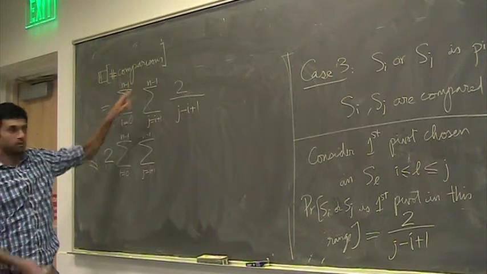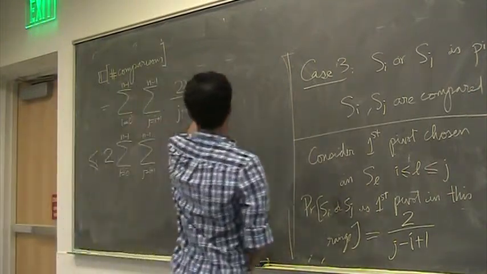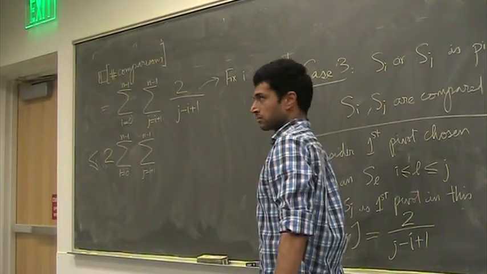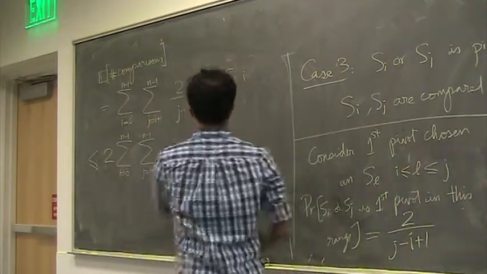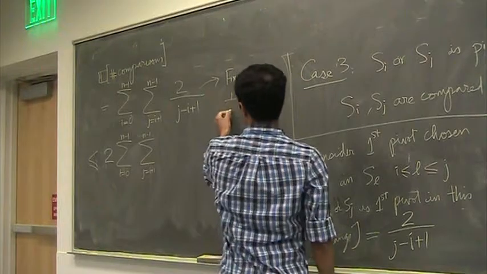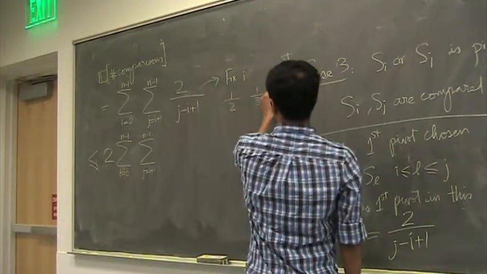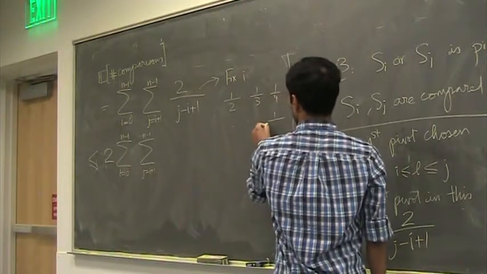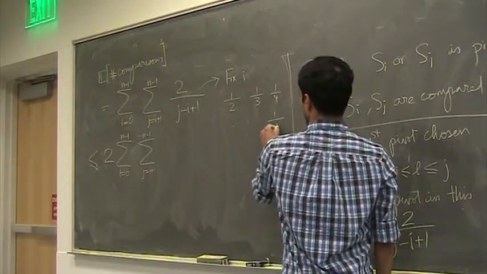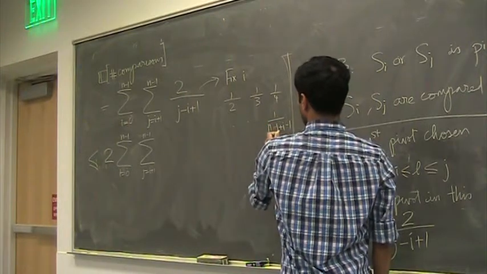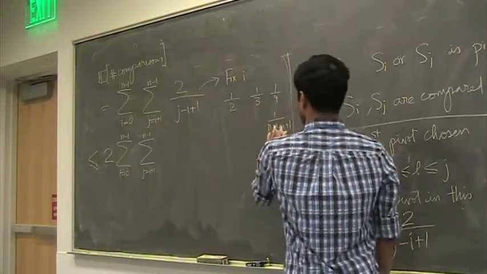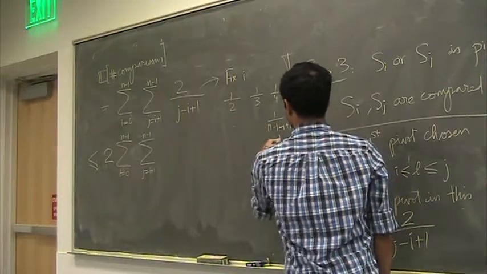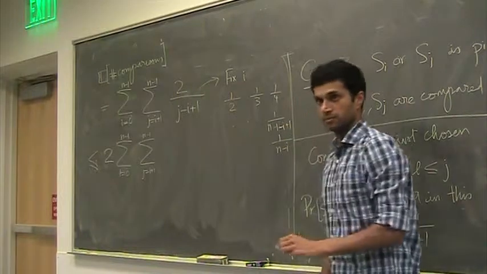Right? So I'm just saying that if you fix i, then what this thing is going to be is it's going to start by going 1 divided by 2, 1 divided by 3, 1 divided by 4, all the way up to 1 divided by n minus 1 plus i minus 1 plus 1, sorry, which is basically you get 1 divided by n minus i.